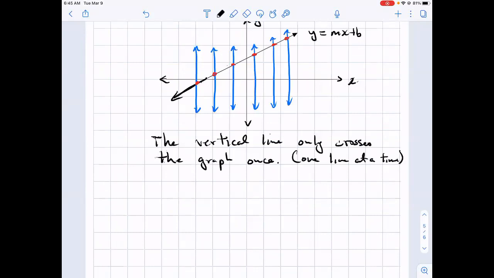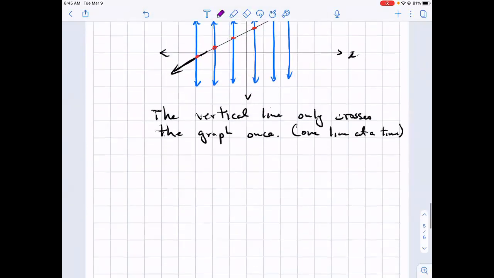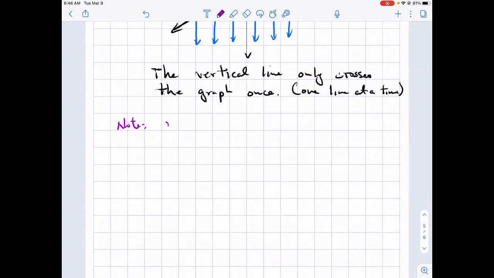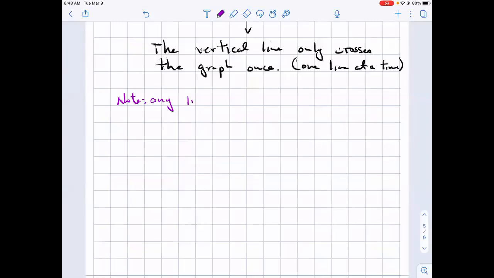Now, something else you will notice: note that the graph of any linear function, or any linear graph in the form y equals mx plus b, will represent a function.